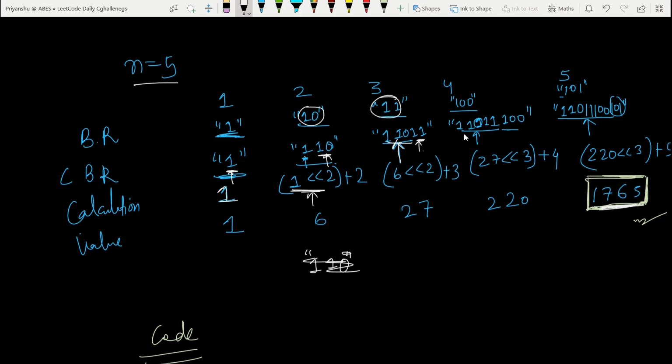Now with 4 the similar case will happen. These bits will be shifted by the number of digit positions to its right, and we will add the corresponding value. For 5 the similar case will happen: the bits will be shifted to its right by the number of digits of this particular value.